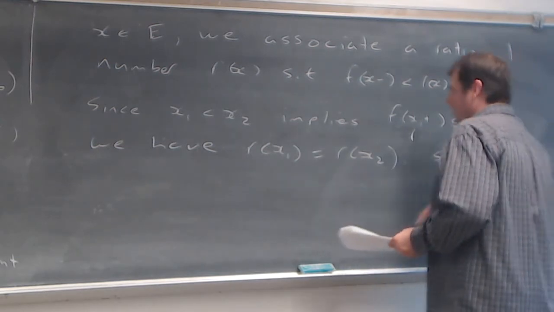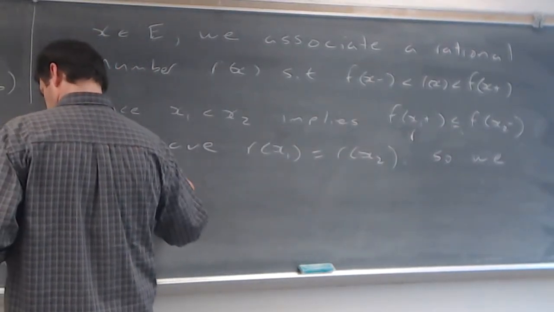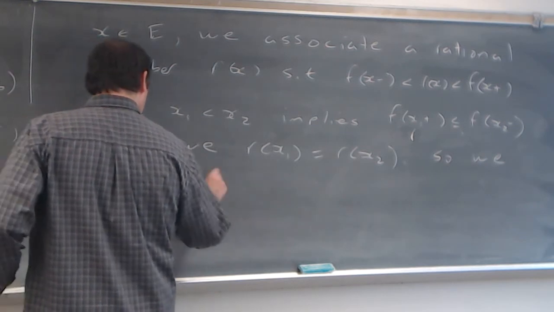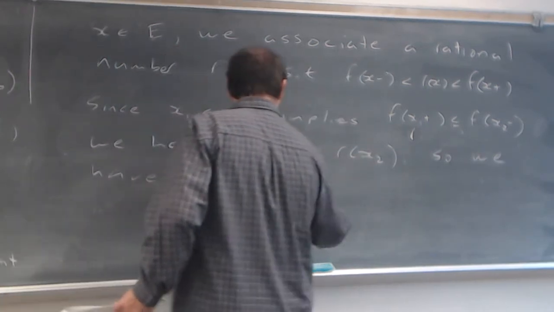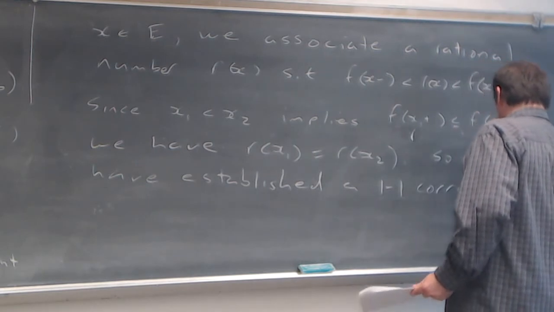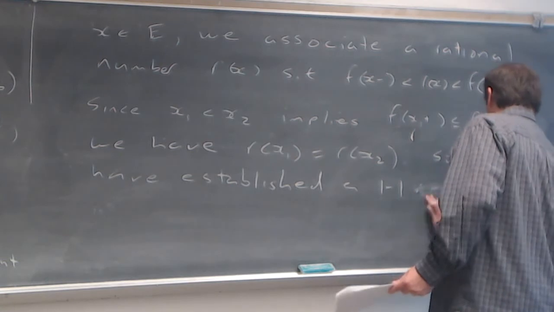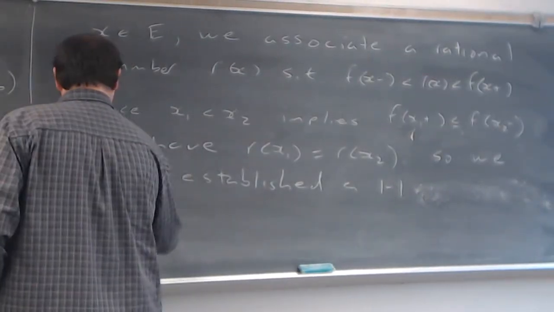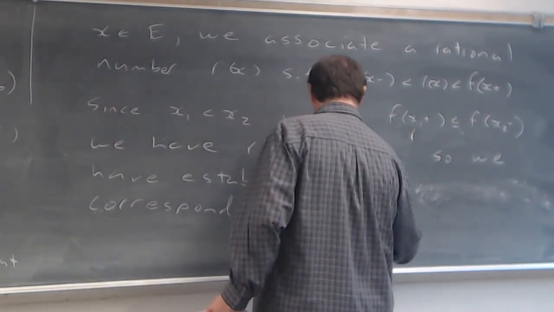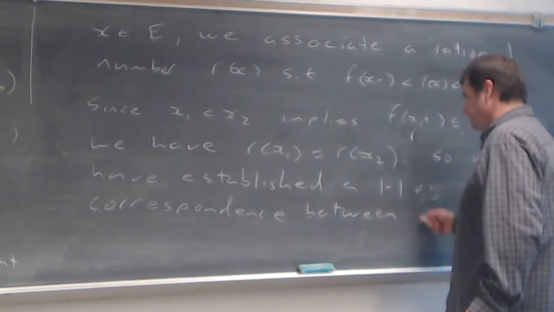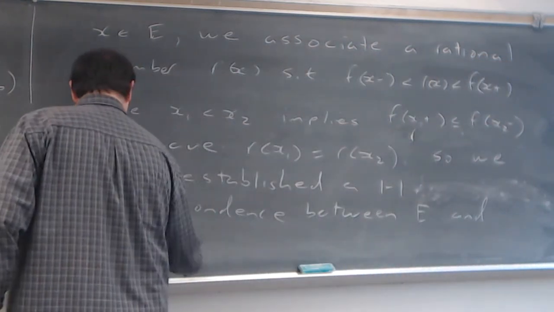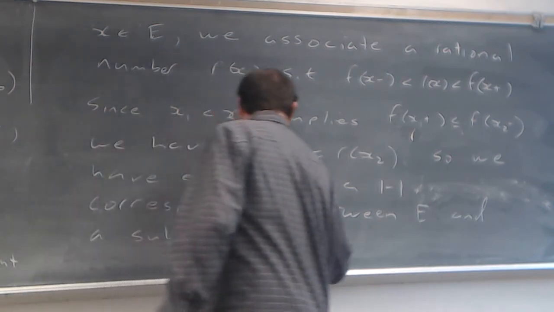So what's happening is we have established a one-to-one correspondence between E and a subset of the rational numbers.